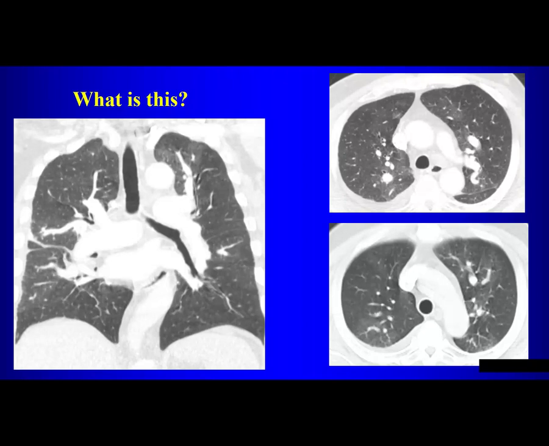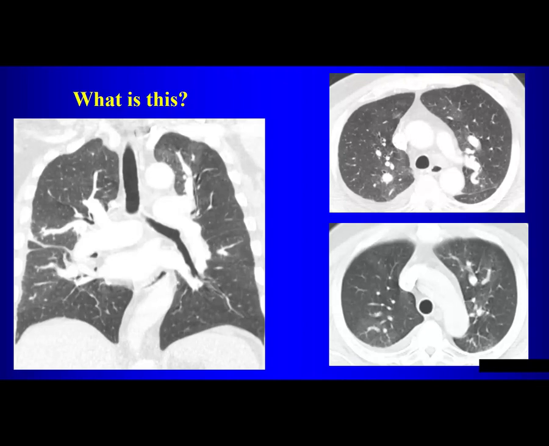What part of the arteries are large? Like the segmental, subsegmental, and everything. No. The central pulmonary arteries. Okay, so the central pulmonary arteries are really big, right? So what would cause that?